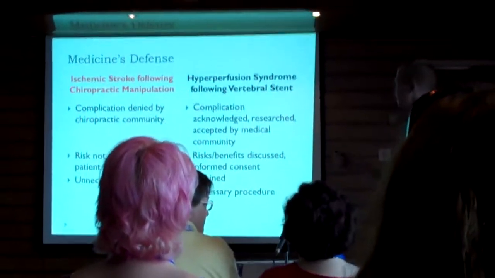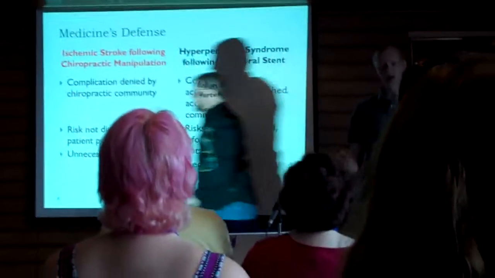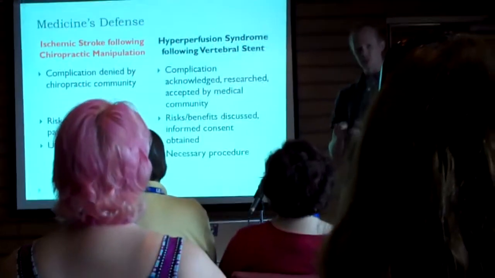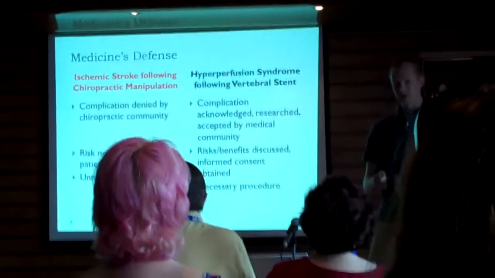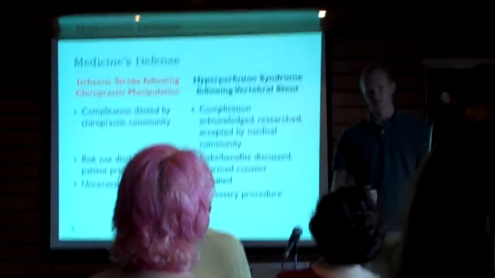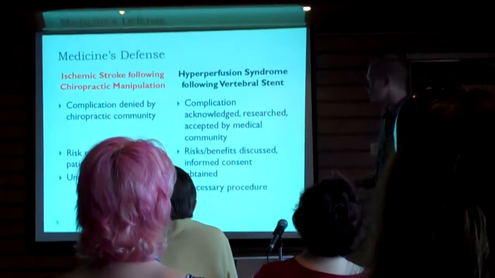And most importantly, this is an unnecessary procedure, the chiropractic manipulation. I won't say chiropractic isn't effective, but it's kind of like me cleaning my fingernails with a razor blade. It'll clean my fingernails, but there are a lot safer ways to do it. Whereas over here, having a stent placed was a very necessary procedure to prevent future strokes down the line.